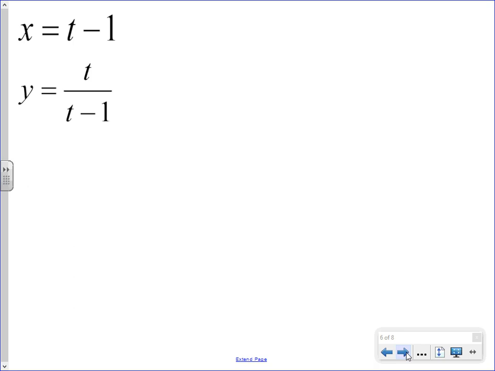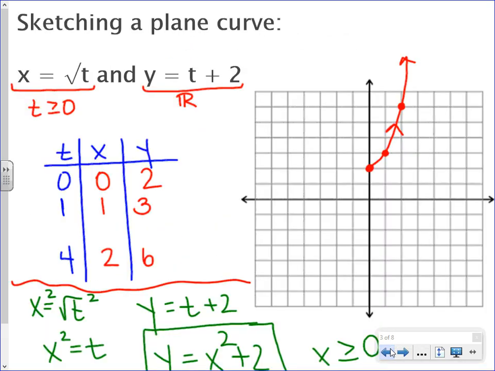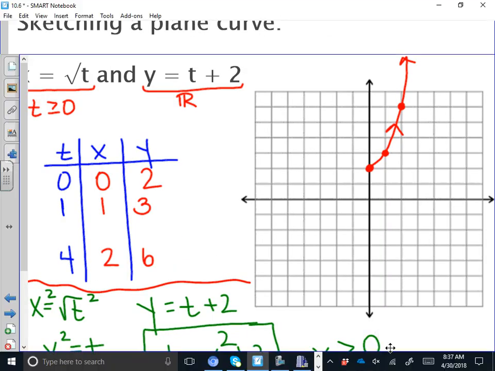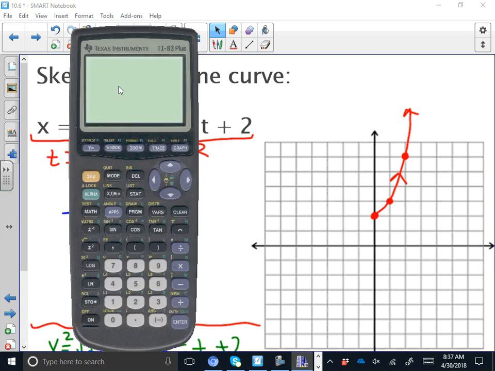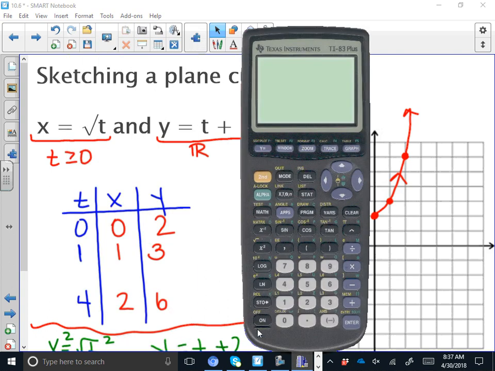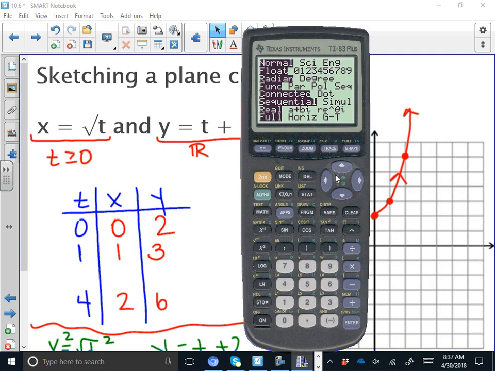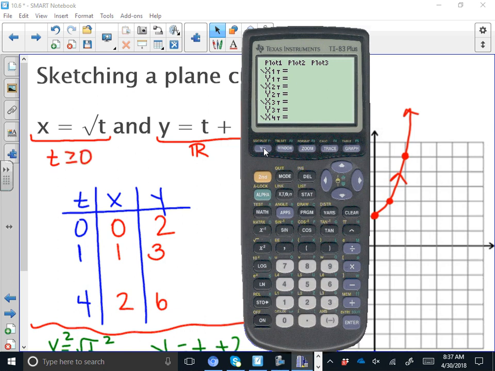Actually, though, before I do that, can I take a timeout? I want to go back to this one and show you what this looks like in a graphing calculator. Did you know that you have a parametric mode in your calculator? If you go to mode, you have PAR, parametric mode, which means when you go into Y equals, you have an X equals and a T equals.